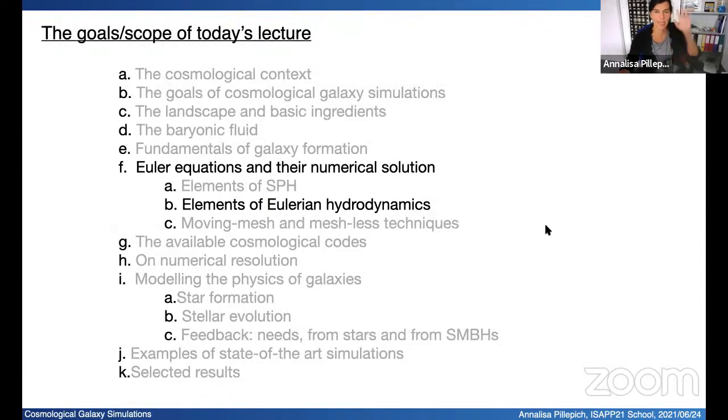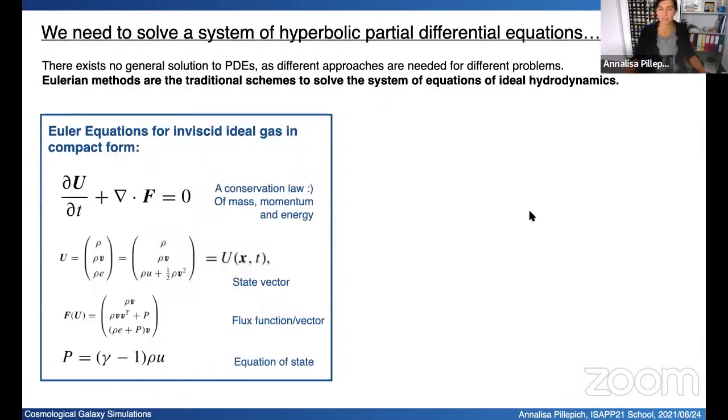Okay, SPH so far. Now let's go for the Eulerian hydrodynamics. These are the typical traditional schemes to solve the system of equations of ideal hydrodynamics. Now we can rewrite the Euler equation in another slightly different, compact form.